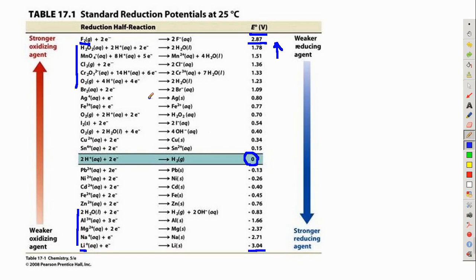Last thing, we can talk of something called a redox couple. So for example, F2 and F minus, they are a redox couple. Another example could be Fe3 plus and Fe2 plus, they are another redox couple. So here's the definition.